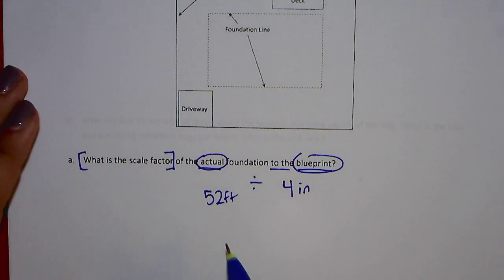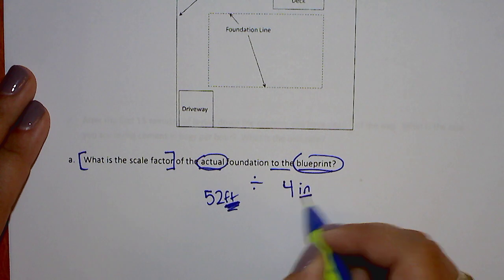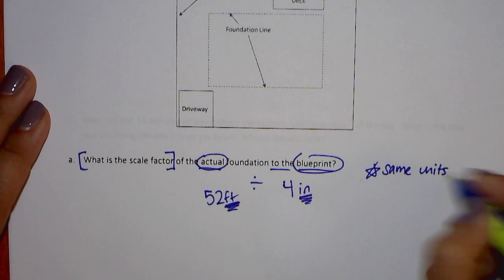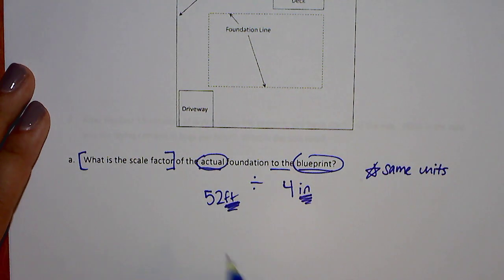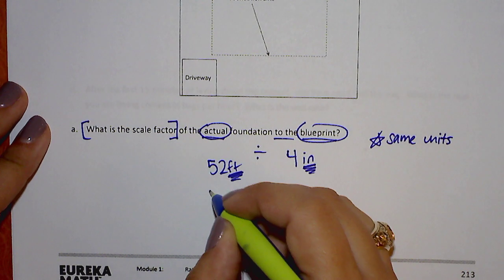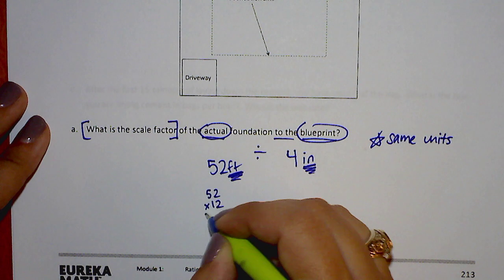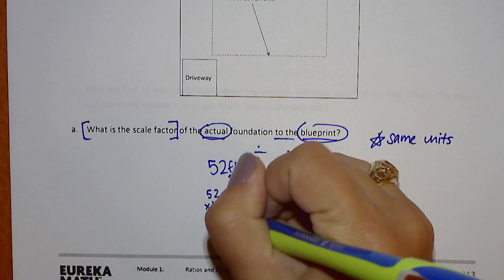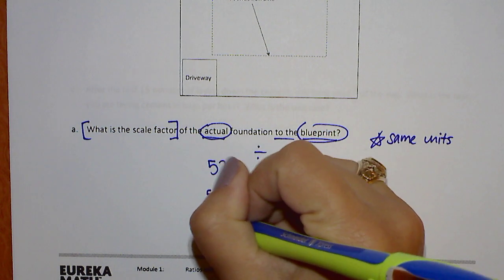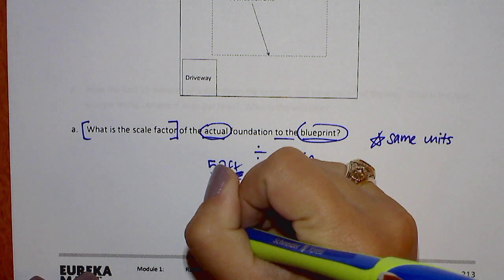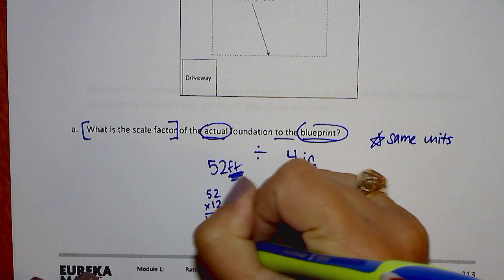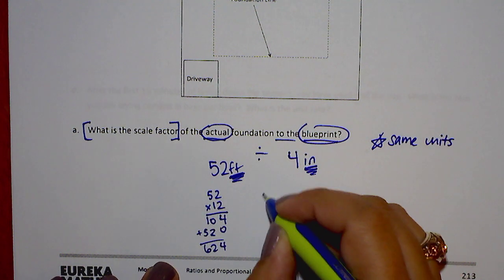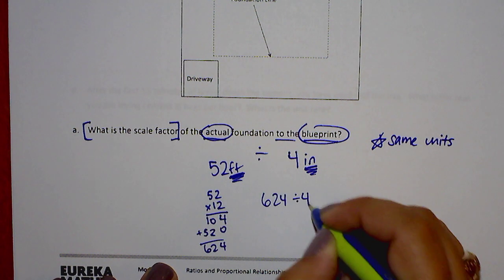So I need to first convert this to the same unit. 52 feet, 52 times 12. See if you can do that one by yourself. 624 divided by 4.